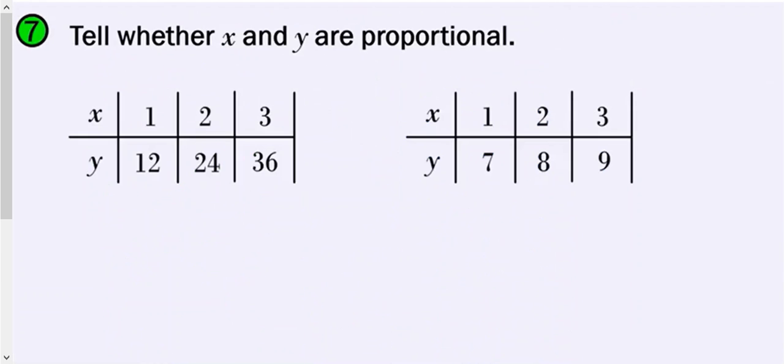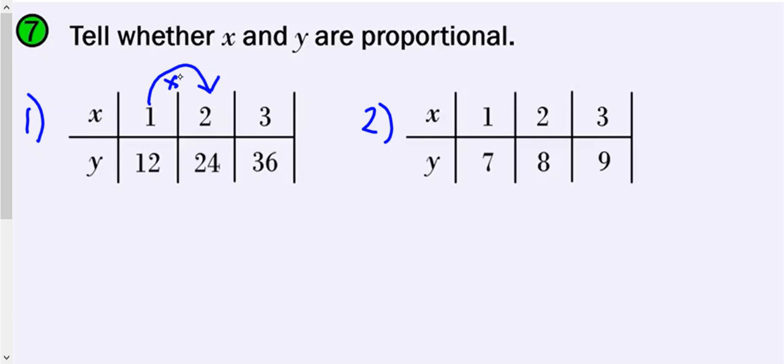All right, we've got one more practice problem here. We're going to tell whether the x and the y in these tables are proportional. This is example 1, and this is example 2. When we're working with tables, it's a little easier because they're already in fraction form. Go ahead and pause now and write these tables in your notes. Now we're going to use mental math to see if they are proportional. First we'll do the x's. 1 times what would give us 2?